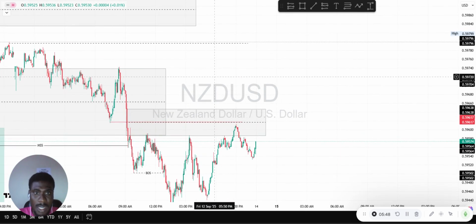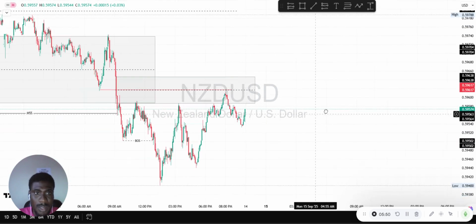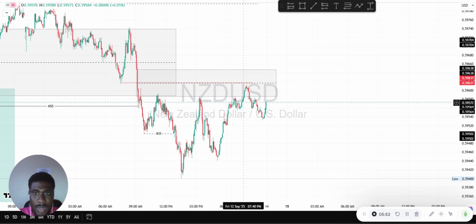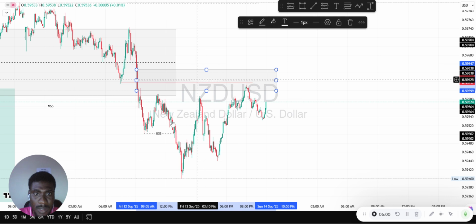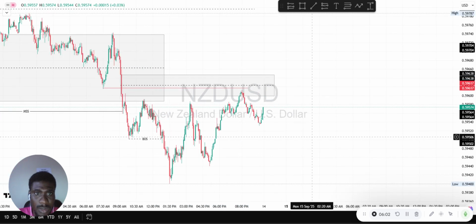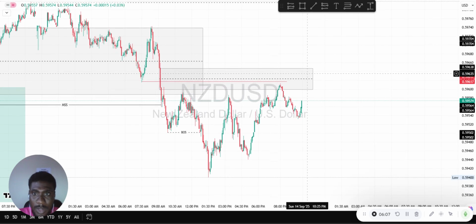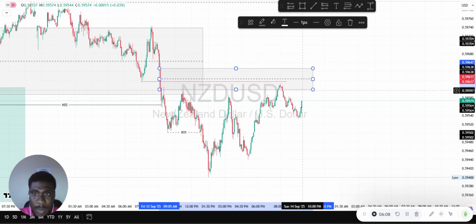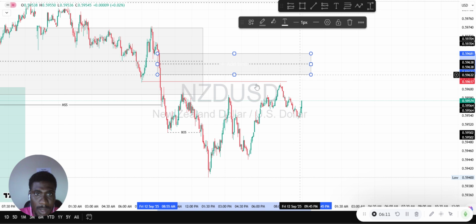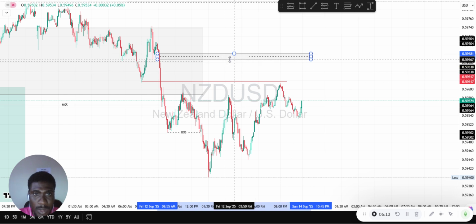As you can see, there are several reactions on this, so I will not take this particular trade. Instead, I will shift my fair value gap up above again here. You can see the fair value gap here.